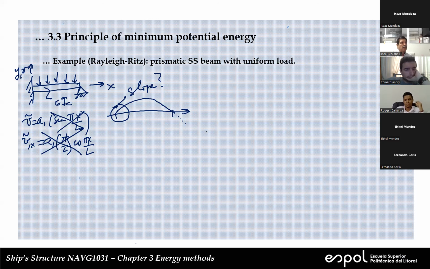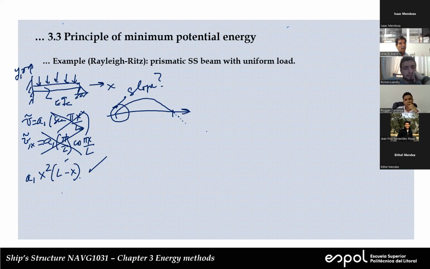Mr. Benavides, can you propose something to approximate this problem? Good morning, doctor. We can try with x squared times L minus x. Yeah, that would be. So it's going to be x squared times L minus x. Okay, in this case, this has value 0 here, value 0 at L, and differentiate this, and you can get again 0. I think this satisfies.